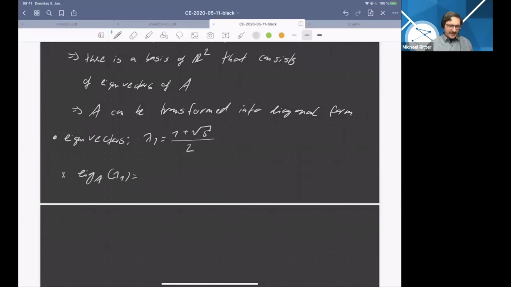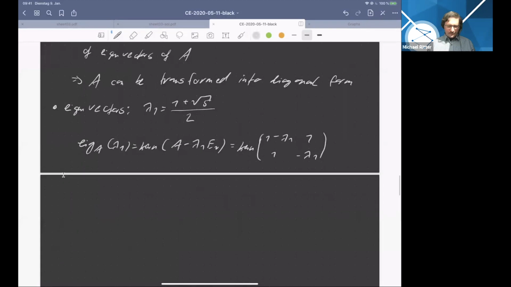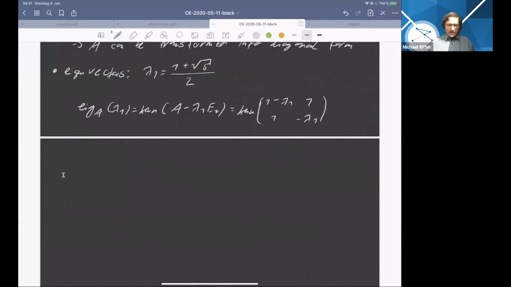The eigenspace of that is the kernel of A minus lambda 1 E2. So we want the kernel of the matrix 1 minus lambda 1, 1, 1, and minus lambda 1. Okay, what do we do to compute that?